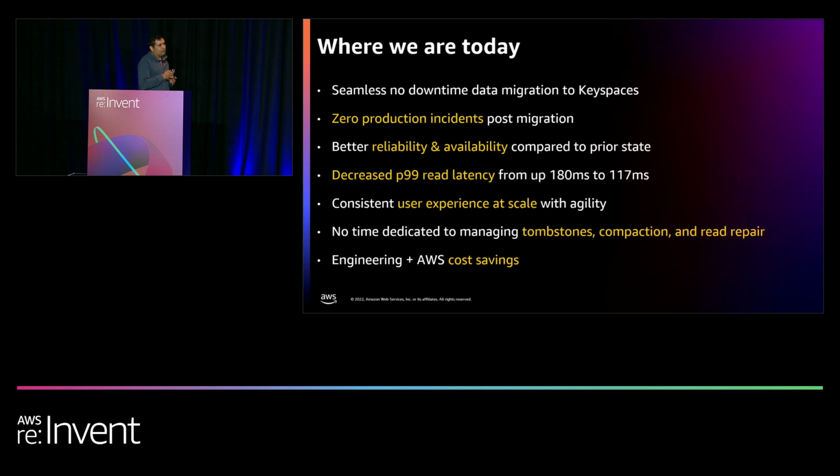We have also significantly improved our operational metrics, like reliability and availability of our application. We've been able to avoid sporadic read timeouts that we used to see on Cassandra. And we were also able to deliver on all of our agility goals to enable better business capabilities, leveraging our platform for our stakeholders.